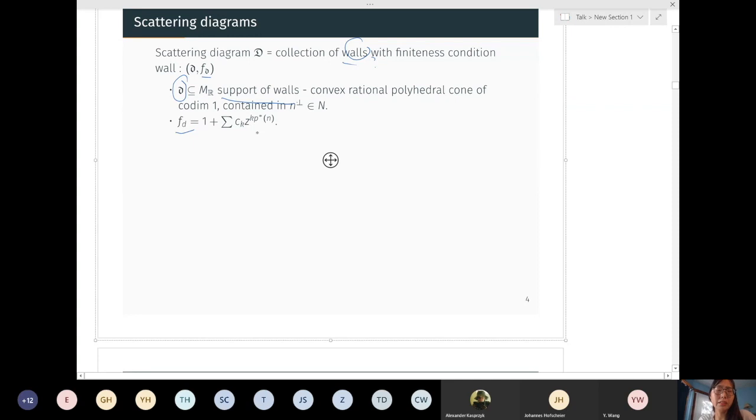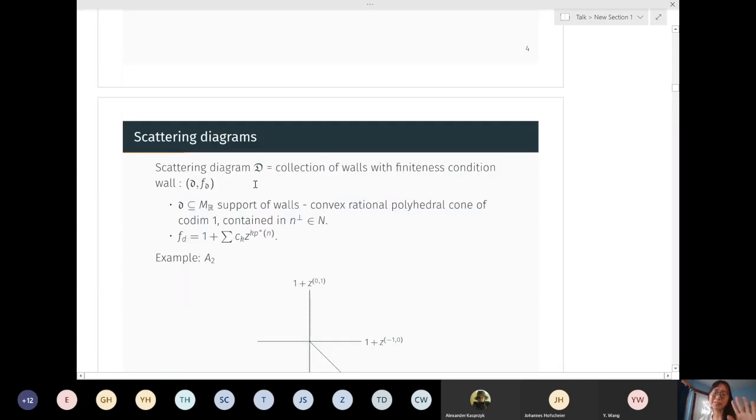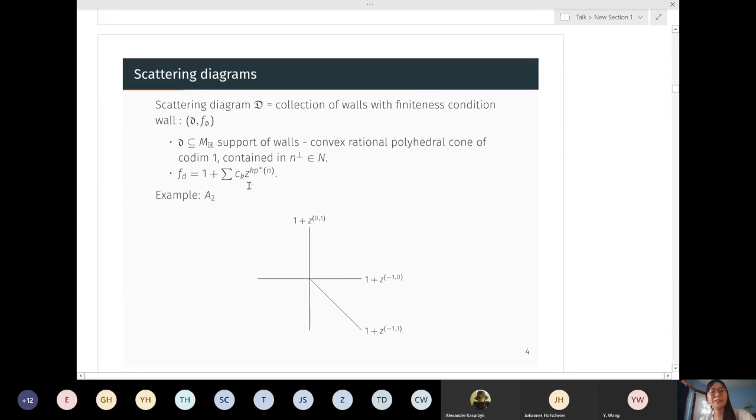I know I didn't define p star n, but the wall lies in the normal of this n, and f_D is some polynomial or power series in the variable associated to this normal. That is the only thing you need to remember.